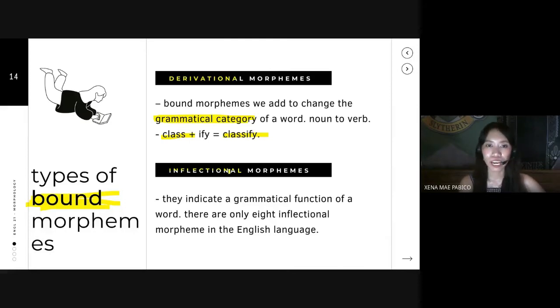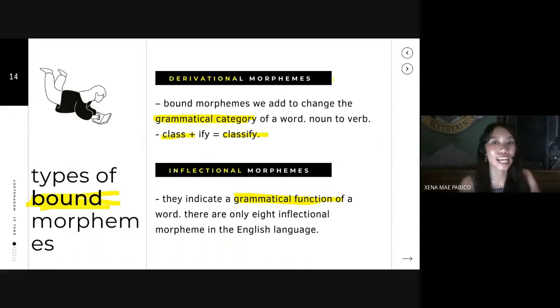Inflectional morphemes are bound morphemes that indicate only the grammatical function of a word. These grammatical functions are plural, past tense, possessive, comparative, superlative, those kinds of functions.